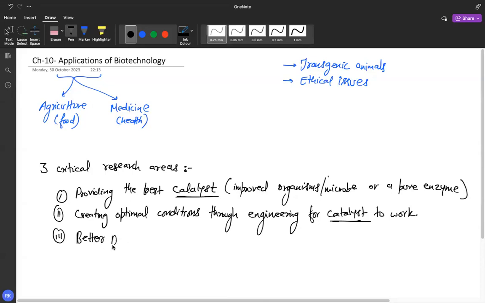So better downstream processing technologies to purify the protein.